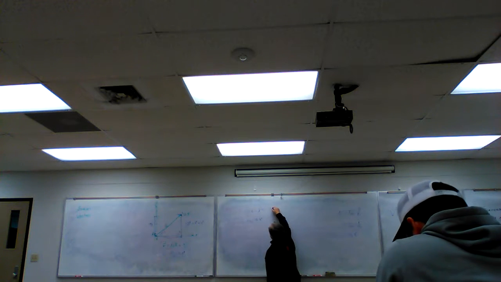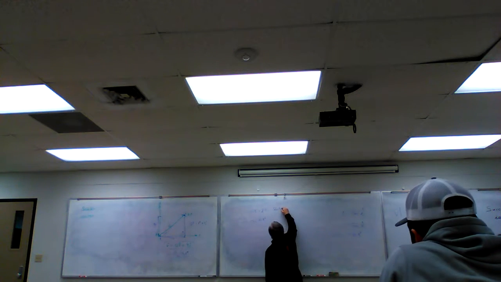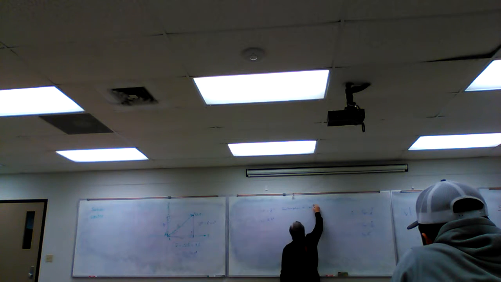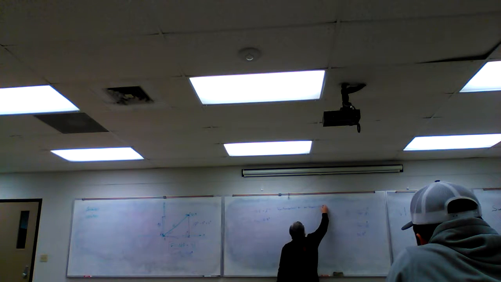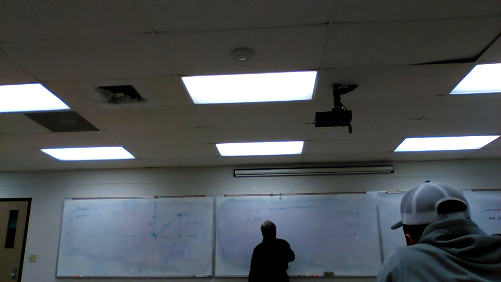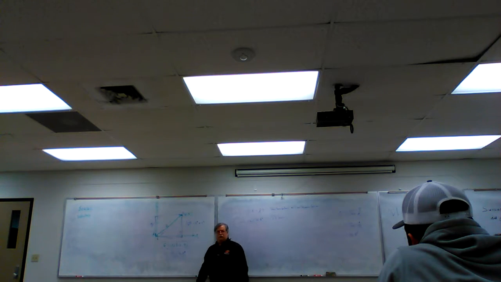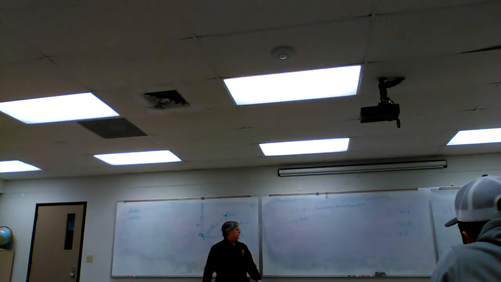This is rectangular or Cartesian form. This is called polar form. In polar form, you give a magnitude and an angle.